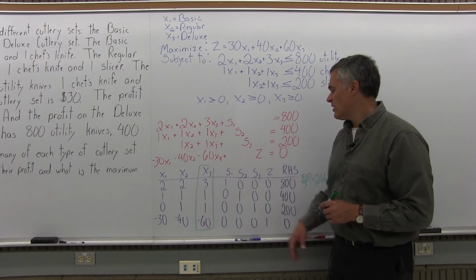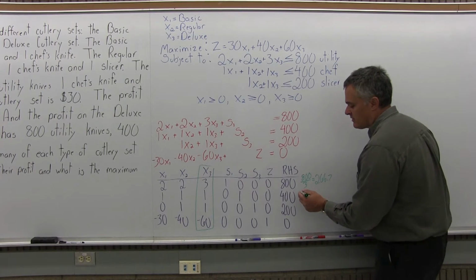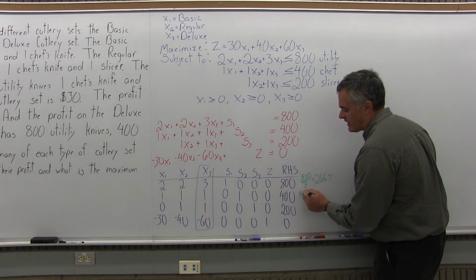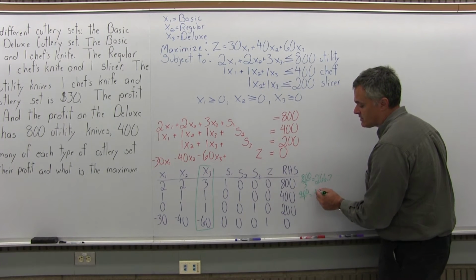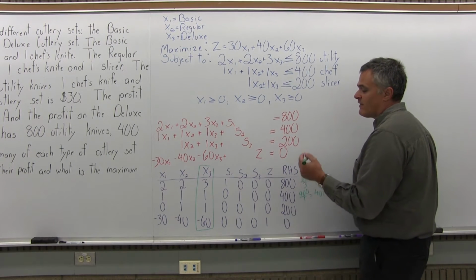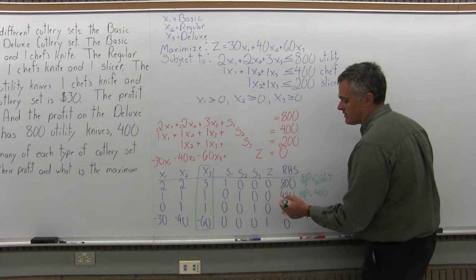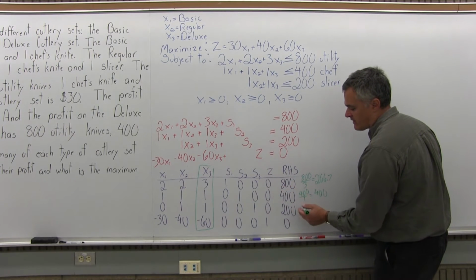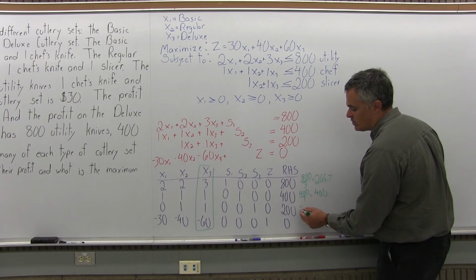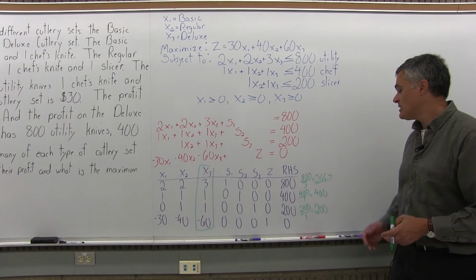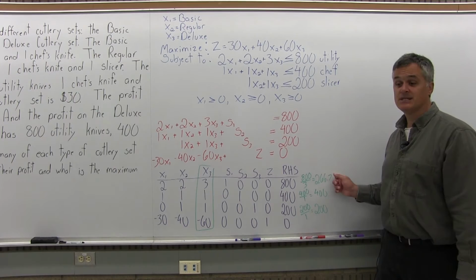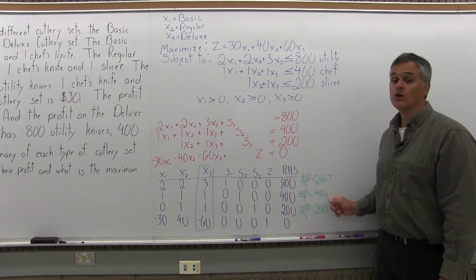In the second row, the ratio of right-hand side value over pivot column value is 400 over 1, which reduces pretty nicely to 400. And finally, in the third row of our initial simplex tableau, the ratio of right-hand side value over pivot column value is 200 for right-hand side over 1 for pivot column. 200 over 1 reduces to 200. So my 3 possible ratios are 266 point something, 400, or 200.